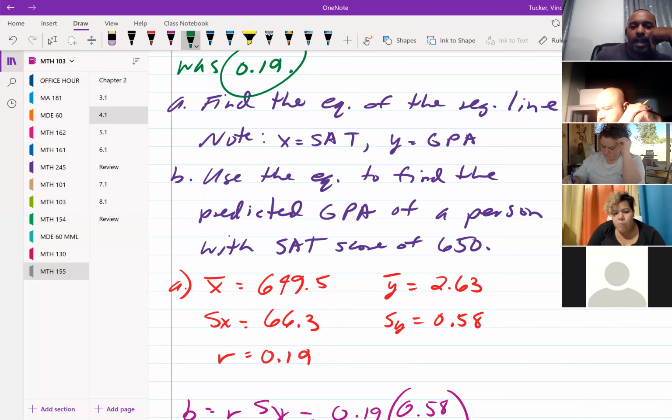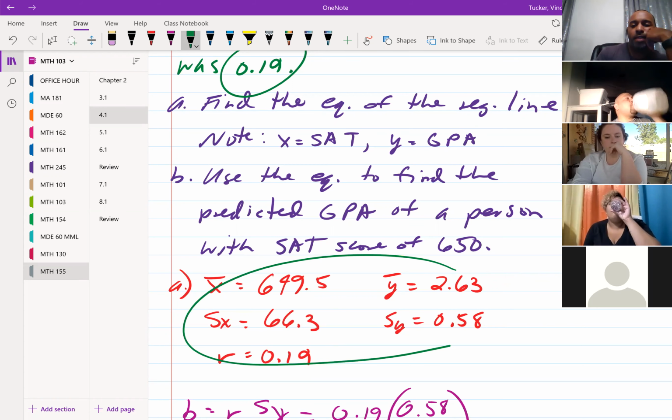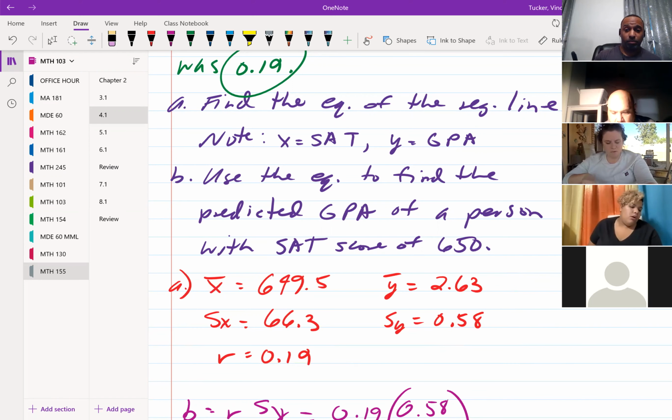And then they said that the average GPA was 2.63. That's why that's Y bar. And then the standard deviation of the GPA was 0.58. So that's where we got that from. We got that from the problem. So we didn't really do any work for that. So cool with that part?